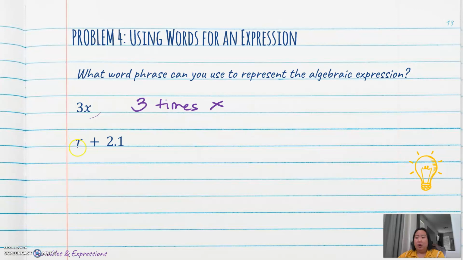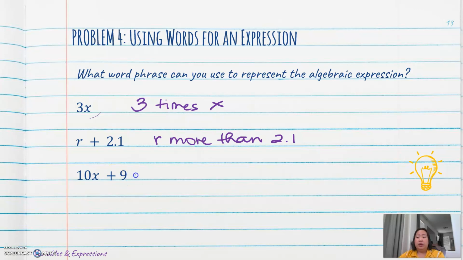So here we have r plus 2.1. You can write it as r plus 2.1, or if you would like, r more than 2.1. Now we have here how many operations involved. We know that there's multiplication between 10 and x, and there is this addition sign.